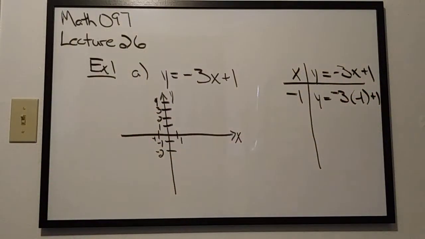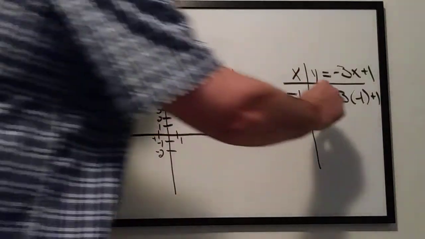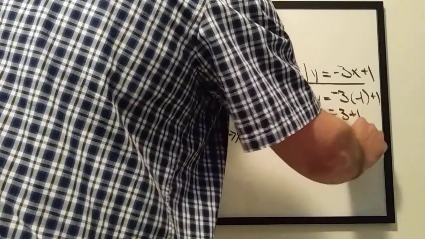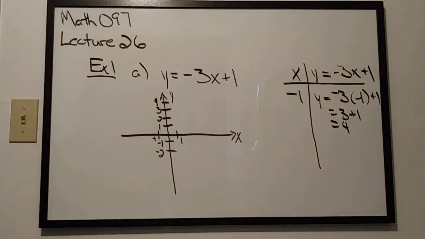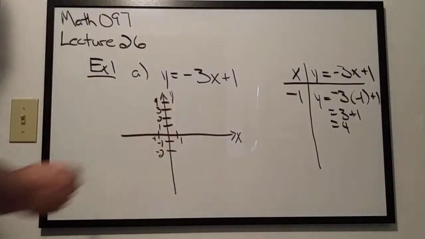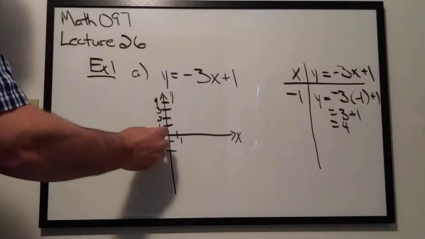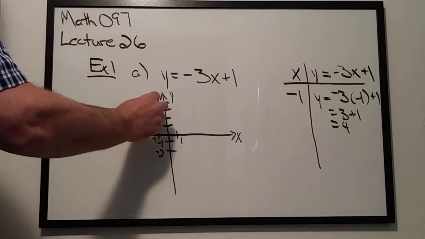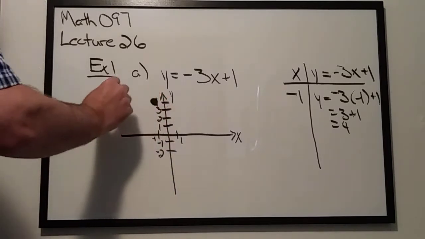Well, negative 3 times negative 1 is positive 3, and if I add 1 to that, I get 4. So we have the point negative 1, 4. We have a Cartesian coordinate system on the handout for you, so go to the x value of negative 1, y value of 4, and put the point negative 1, 4 there.